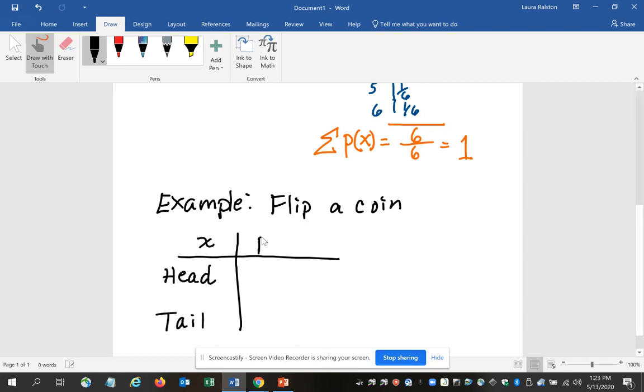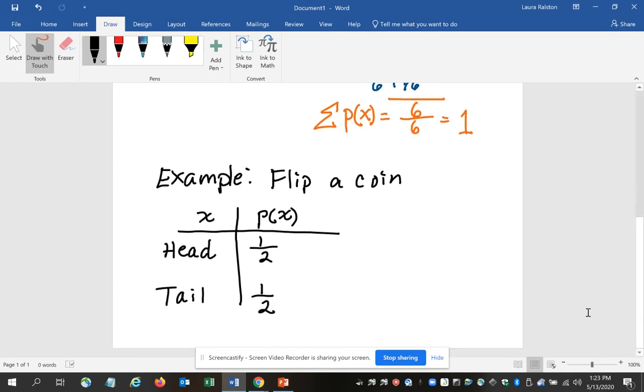From a probability perspective, there's a 1 out of 2 chance, or a 50% chance, that I'm going to flip a head, or there's a 1 in 2 chance that I'm going to flip a tail. Again, I have a countable number of outcomes. In this case, there are only 2 possible outcomes when I flip a coin.